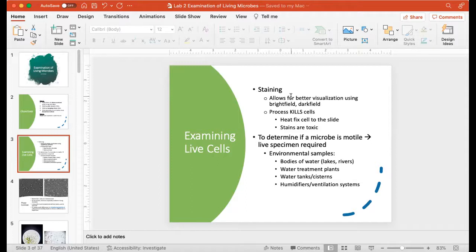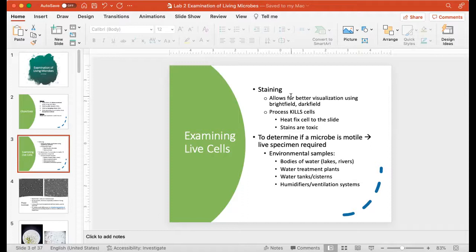And then we apply a stain to the cells, and stains are toxic. Microbiology stains are toxic. So if we're going to stain a cell or a group of cells, in order to examine them, we're going to kill those cells. Now, there are times when we want to look at a sample of material without killing the cells.